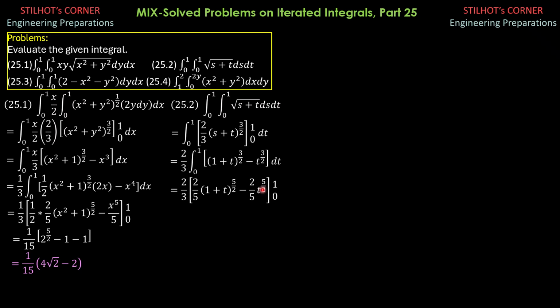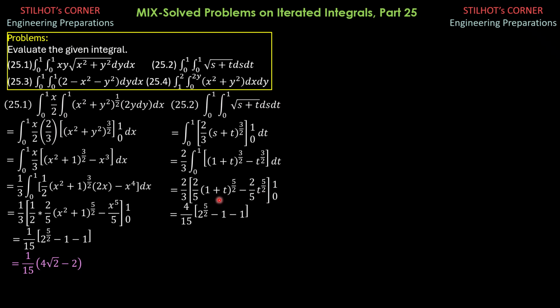So factoring out 2/5, we have 4 over 15 times the quantity 2 to the 5 halves minus 1, then minus the lower limit, 1 plus 0 to the 5 halves is still 1. So 1 plus 1, 2 to the 5 halves, minus 1 to the 5 halves, so minus 1.